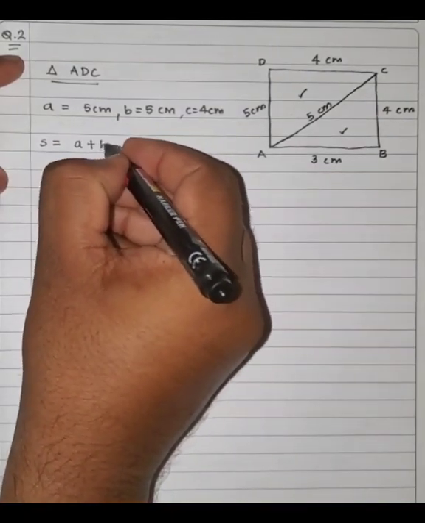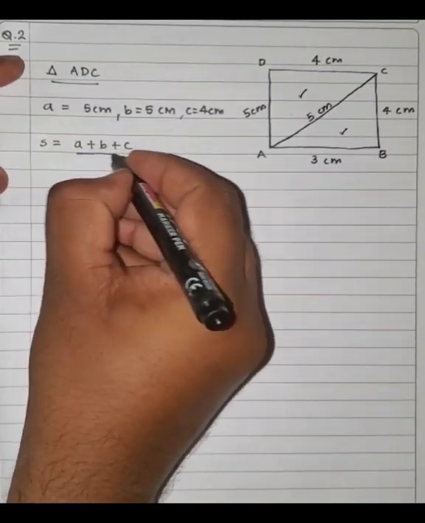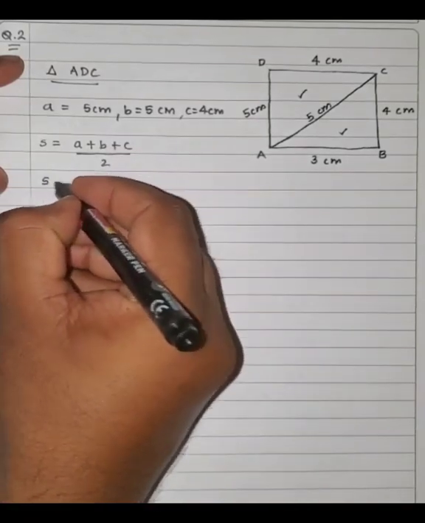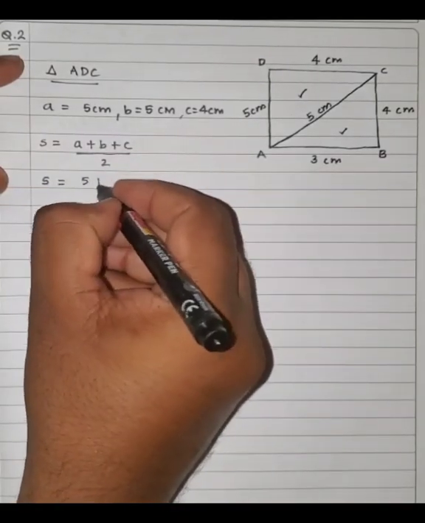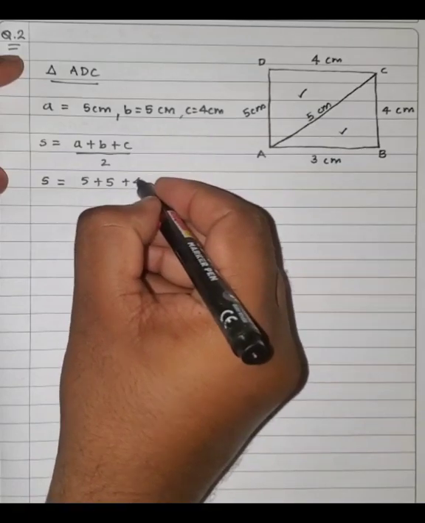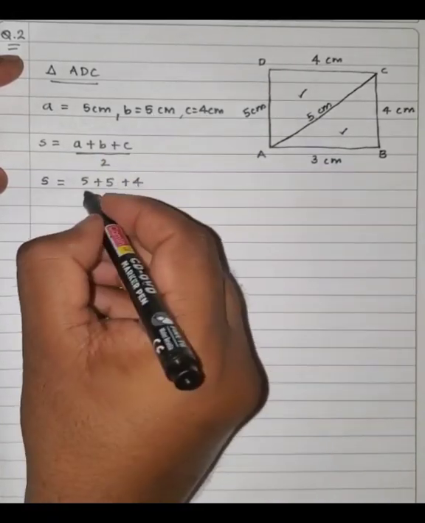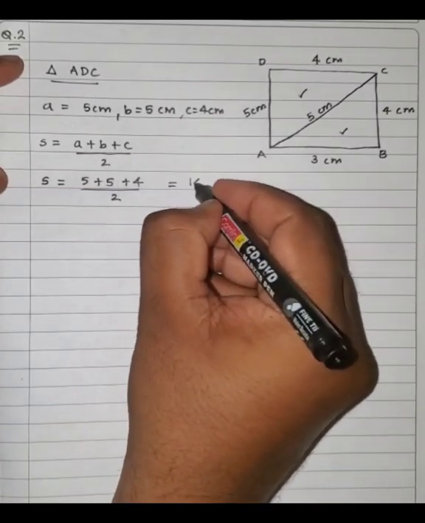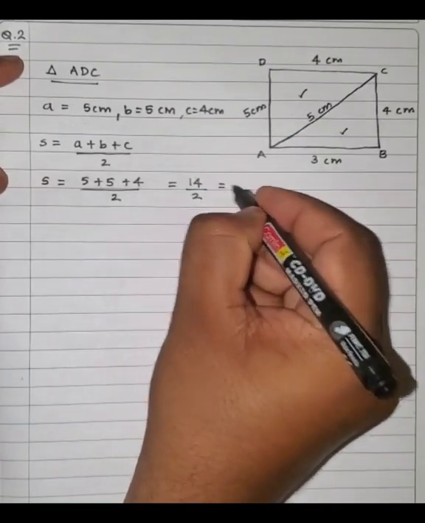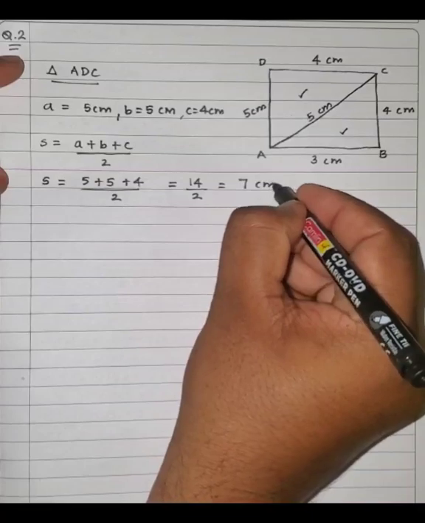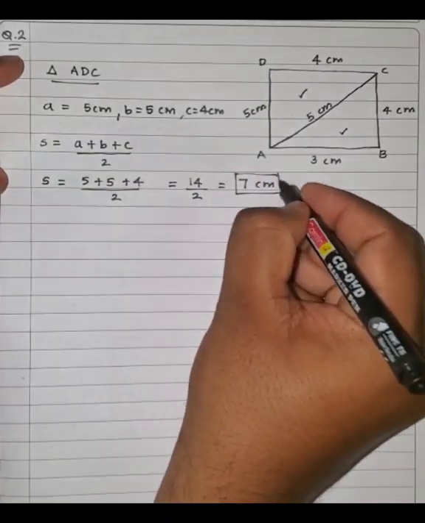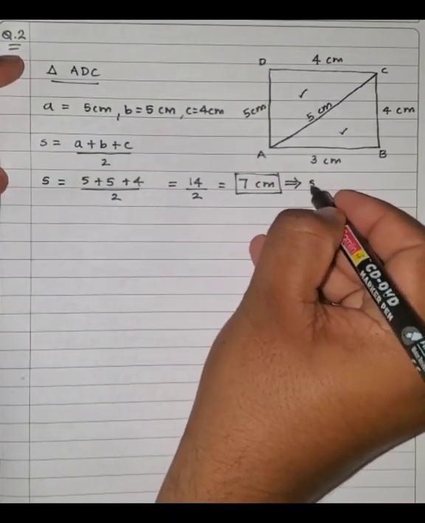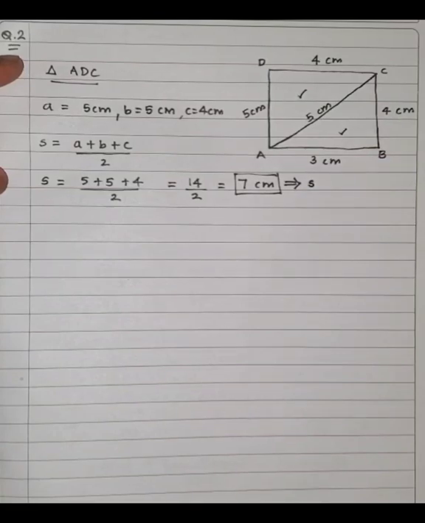Semi-perimeter is the sum of all the three sides divided by 2. So semi-perimeter is 5 plus 5 plus 4 divided by 2. So what do I get? 14 divided by 2, which is 7 centimeter. So I've got the semi-perimeter of this particular triangle as 7 centimeter.